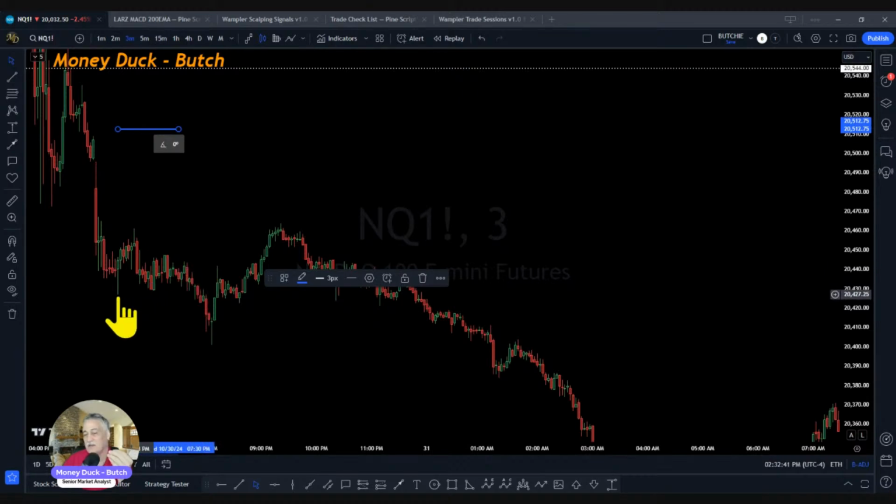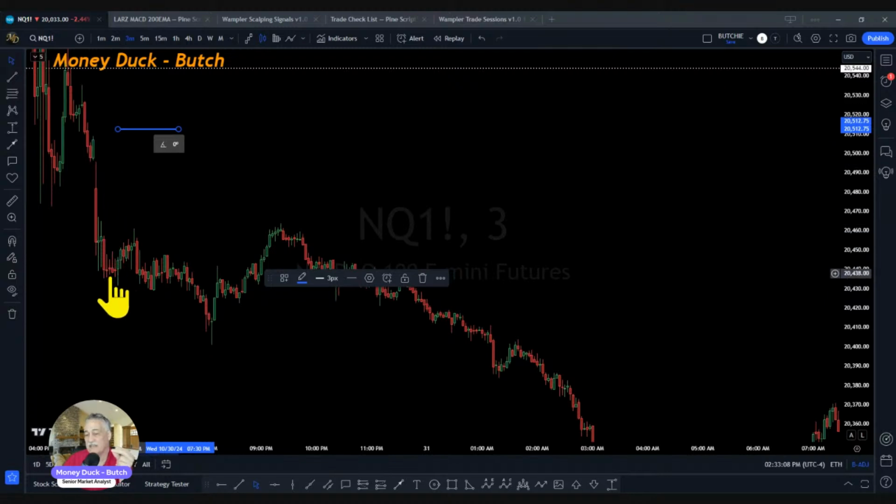The low's here. So this is how you got to kind of make sense of it. A lot of traders say, well, those are lower lows. And they are lower lows on the small time frame. But when you're looking at the grand scheme of things, you need it to break this low before I ever look for a lower high.